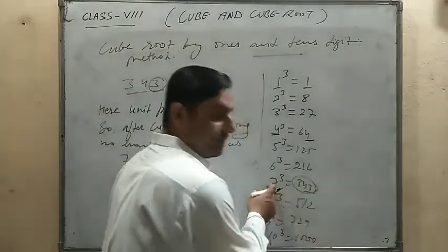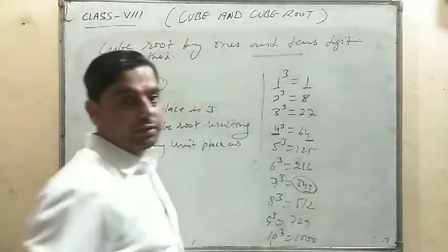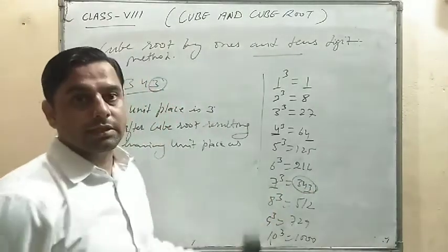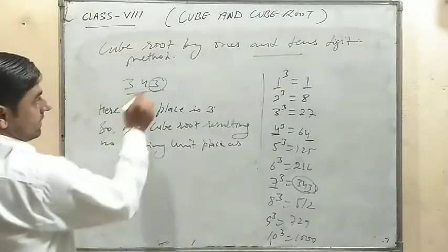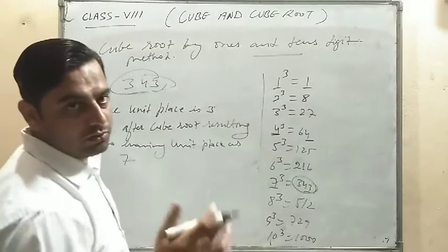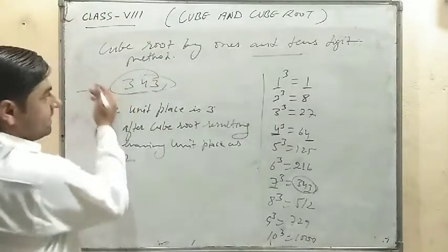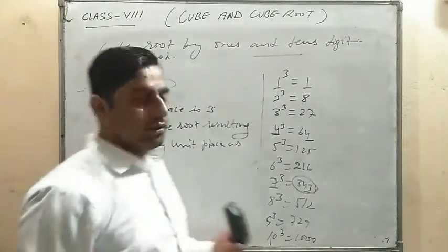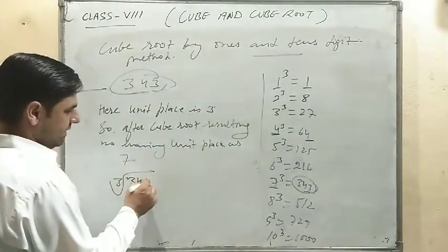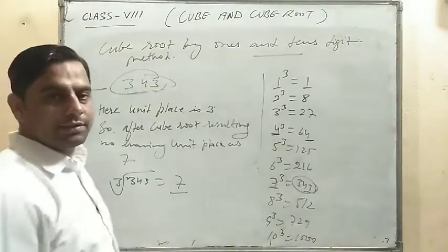You know the cube of 7 is 343, so here the unit place is 3, and that's why its cube root is 7. Now if you strike out 3 digits, you have to stop here because no number remains. So the cube root of 343 is equal to 7.